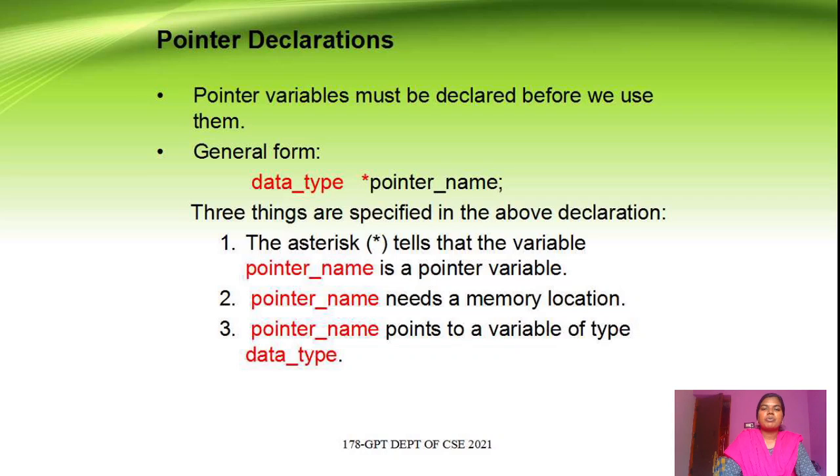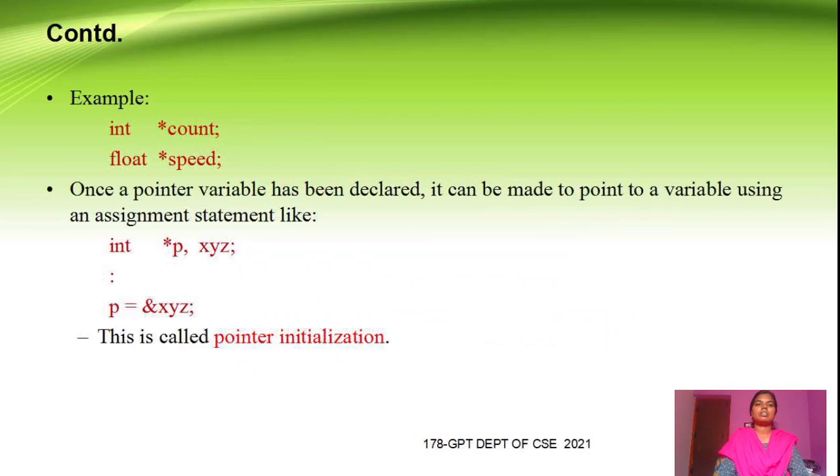The pointer name needs a memory location, and it points to a variable of type data type, which may be integer, character, double, float, etc. Examples of pointer declaration are int *count and float *speed. Here *count and *speed are two pointer variables. If you want to assign a value to these variables, we need to use the assignment operator, for example p = &xyz. Here the address of xyz is stored in p.